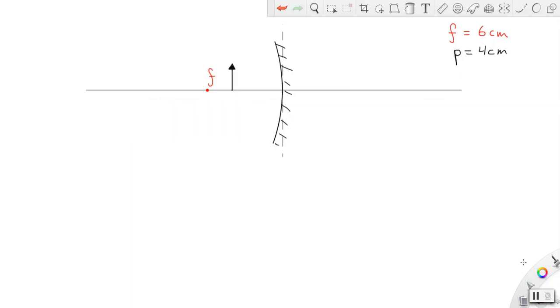Okay, so we've got our setup here. Let's go ahead and begin the process. We set up our three principal rays again, as usual. We have the infinite to focal, the center ray, and the focal to parallel. For our first ray, I'll stay consistent here. I've got this green ray.